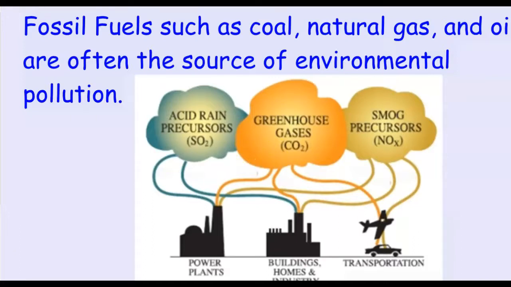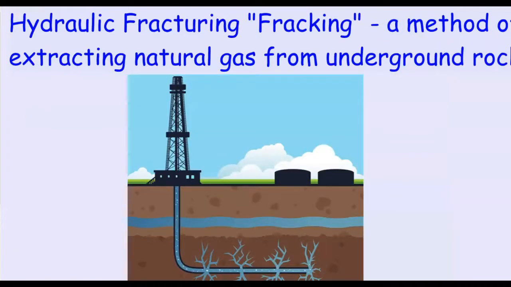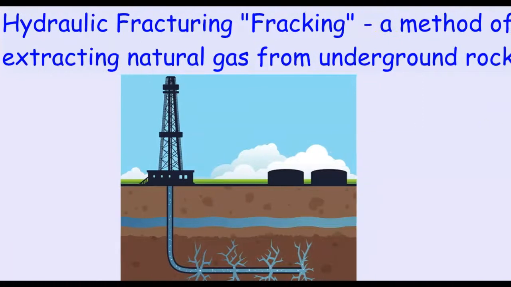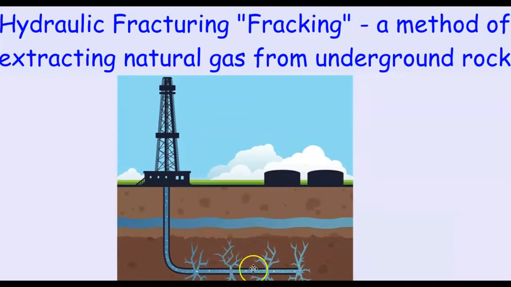So we have to be careful about how many fossil fuels we're using. One way that people get fossil fuels out of the ground is a method called fracking. Fracking is a way to remove fossil fuels by breaking or fracturing rock containing small pockets of natural gas, which is then collected. Let's take a look at some fracking.